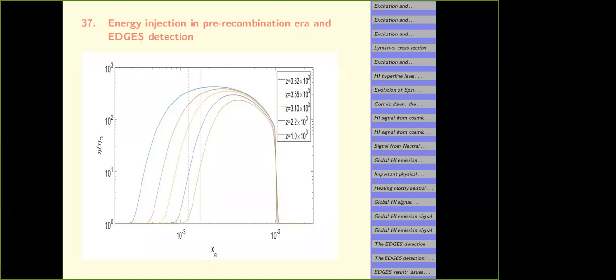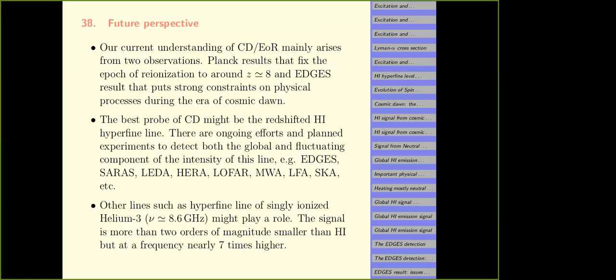But still, we have now got our feet in one very specific era in the universe where it appears there is a signal, and we may be able to study it and say something about both the thermal and ionization history of the universe. This was my last view graph, and I'll just end with future perspectives.